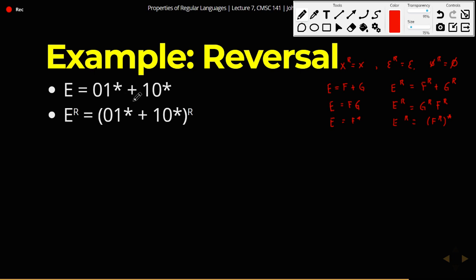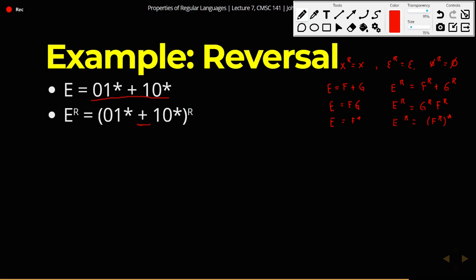Okay, so for this one, how will we reverse this regular expression? So let's start with this one. The whole thing will be reversed, right? So we have 0, 1 star plus 1, 0 star, reversed. The first thing that we reverse here is the union, right?